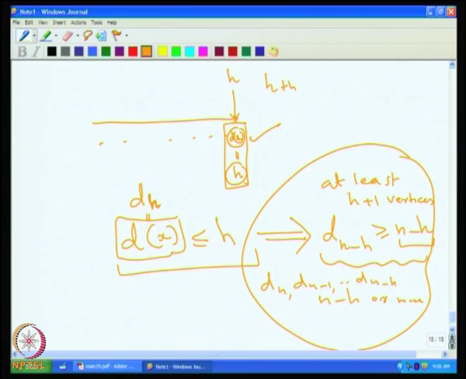Recall h is equal to d of x, right. So, we have d of x plus 1 vertices with degree at least n minus h. Out of that, our vertex can be adjacent to only h equal to d of x vertices.